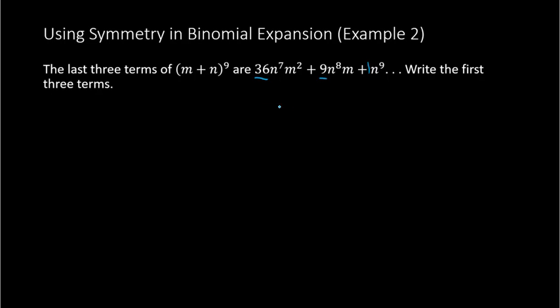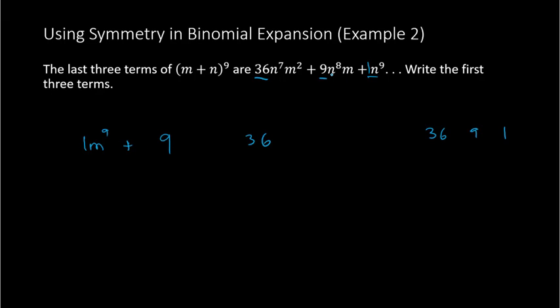All right, that's going to be the last 3 terms, 36, 9, and 1. So the first 3 terms are going to be symmetric, so it's going to be 1, then 9, then 36. So we have the coefficients, and now we just need to figure out the variables. So this last term was n to the 9th power, which means the first term is going to be m to the 9th power.